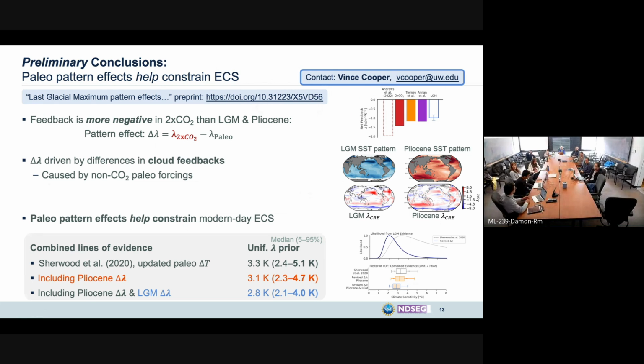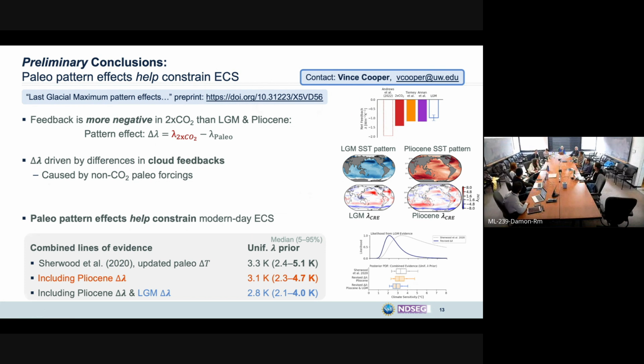What we end up finding, and why I didn't focus on them as much, is that a lot of the LGM sea ice changes that make the feedback more positive actually occur underneath where there are already a lot of clouds. So the effect is somewhat damped by cloud masking and isn't as strong as you might otherwise expect. The SST pattern ends up being a bigger impact, but the sea ice is accounted for.